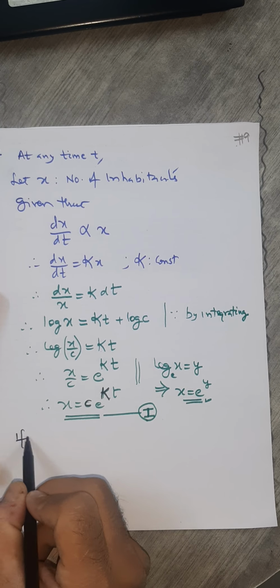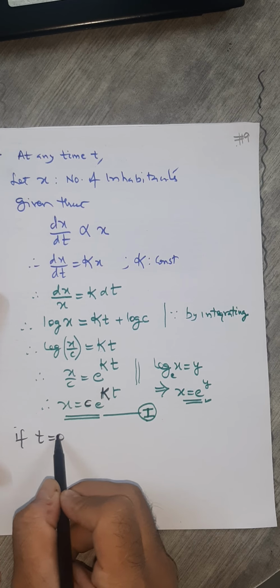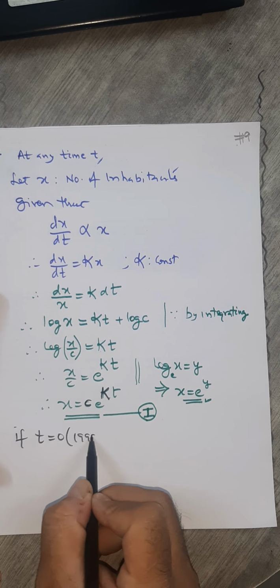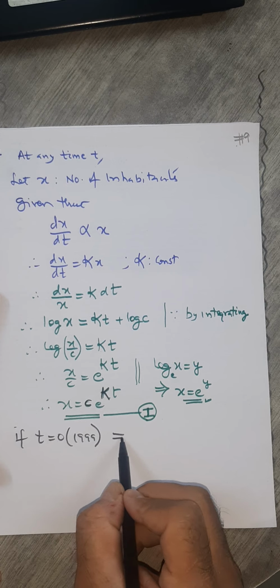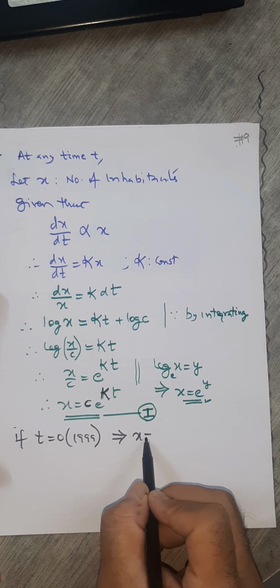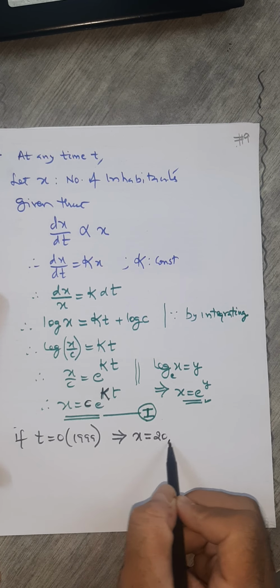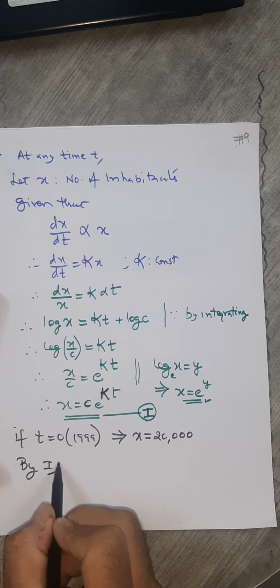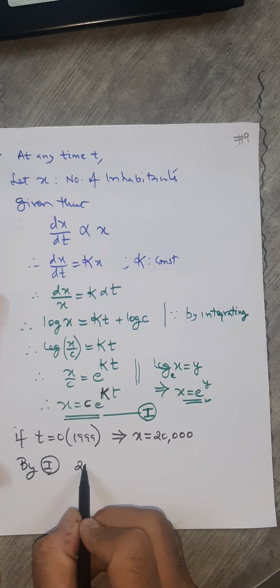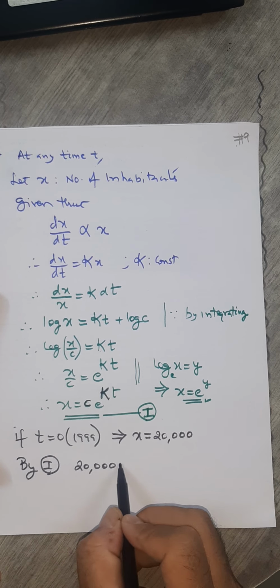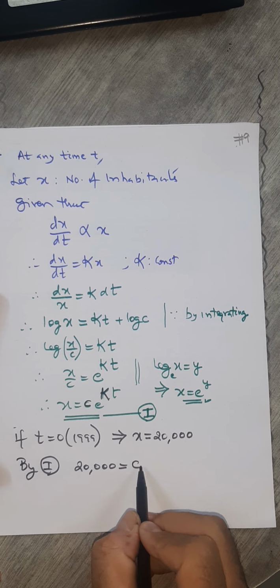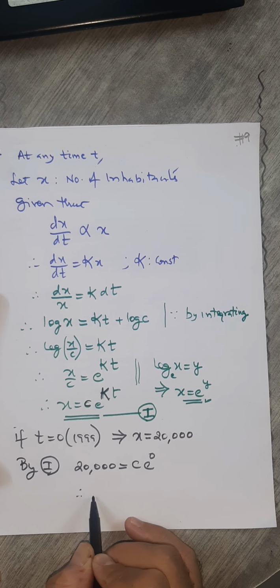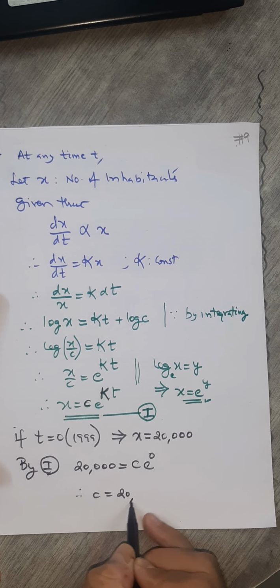So t equals 0, that is in 1999. This is the standard way of doing such questions in the beginning. What is the number of inhabitants? 20,000. So by 1, if I place these two values, x is 20,000, c as it is, e raised to 0. So you got c. What is c? 20,000.